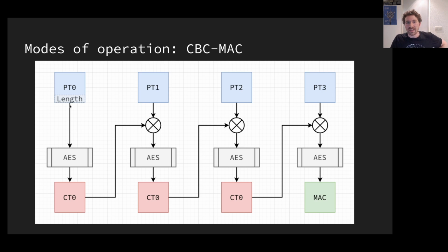Now, the reason we need the length in here is because you can do these length manipulation attacks with CBC MAC, where this only happens over multiple messages. So let's say we release a firmware and we've got our MAC and we didn't have the length here, that first one would be totally secure. No problem.